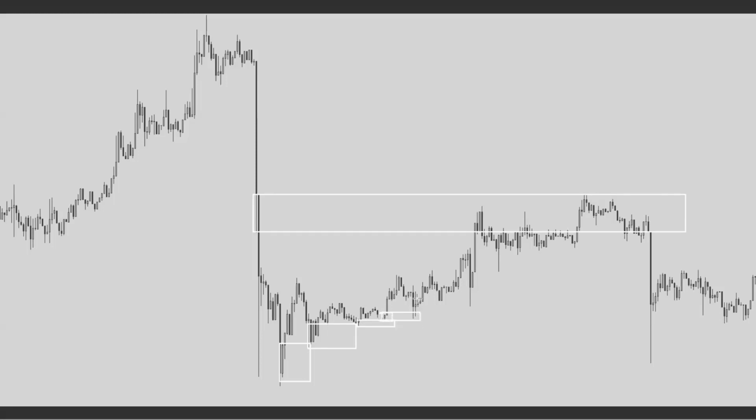The same here, runs out this level, comes back and tests it until price finally reaches some fresh sell side liquidity, and at this point, that's the last available buy side liquidity. It's exhausted here. There's likely very little sell side liquidity in this area, and you've got a fresh level here, and as a result, price slices through that area. So it's almost clearing the way, as it were, for a nice move down.